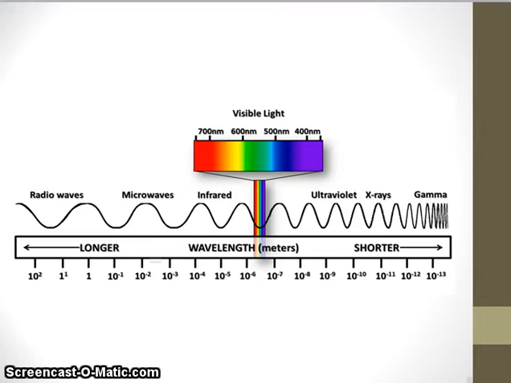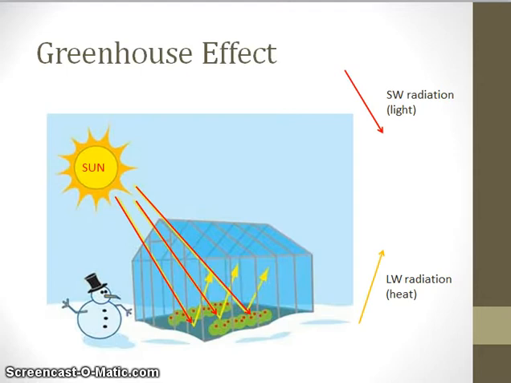So how is that shortwave radiation connected to the greenhouse effect? Most of you would be able to describe this without having taken this class. When solar radiation, or insolation, comes into the Earth, it comes in as shortwave radiation, which, as I said, is visible light and ultraviolet light.